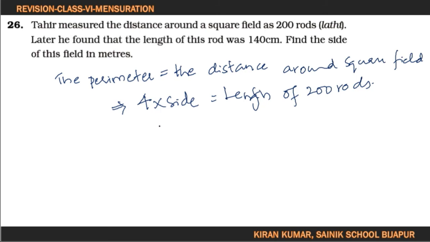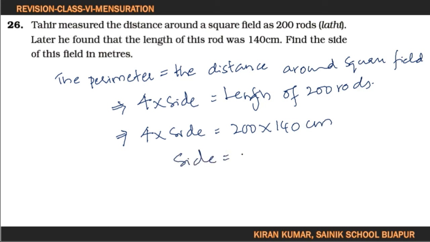And for one rod, the length is 140 centimeters. This implies 4 times the side is 200 multiplied by 140 centimeters. So we can find the side as 200 times 140 divided by 4.